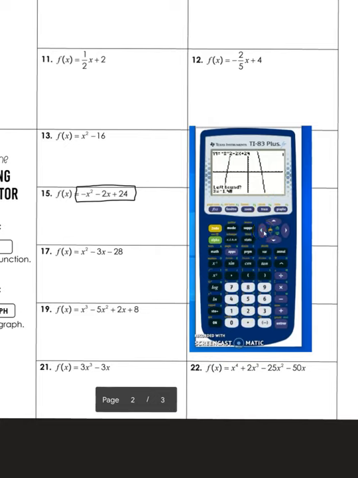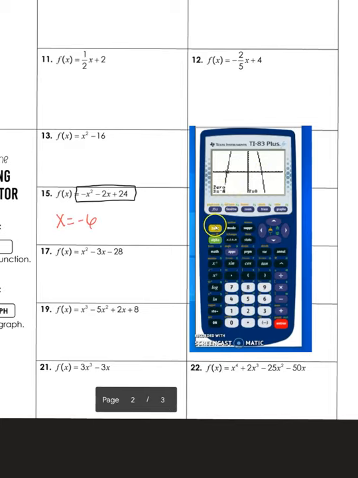You're going to go left of the x-axis, so left bound is down here. You'll hit left bound and then hit enter. Then it'll ask for right bound, and you'll move your cursor up here for right bound. Then it'll ask you to guess, and you'll hit enter. Here our first 0 is x equals -6.